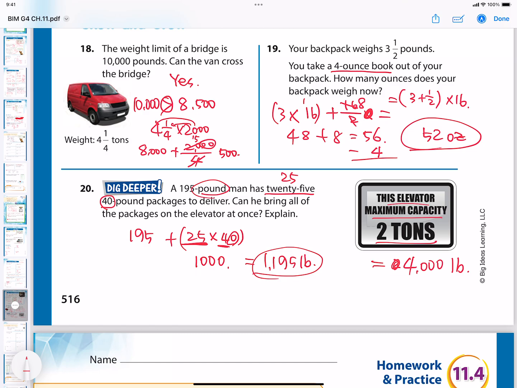Compared to 4,000, yes, you have way less than the capacity, right? So the answer is yes. And the explanation is, I'm going to put 4,000 compared to 1,195. 4,000 is greater.